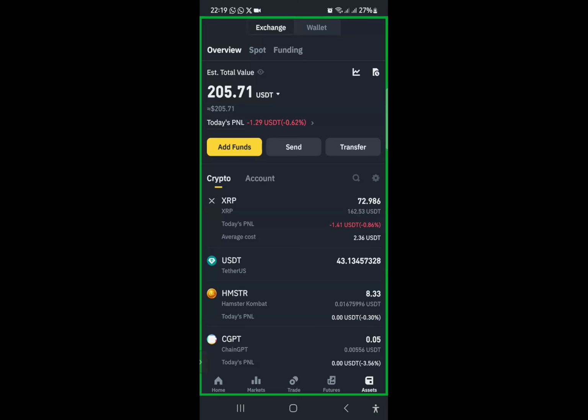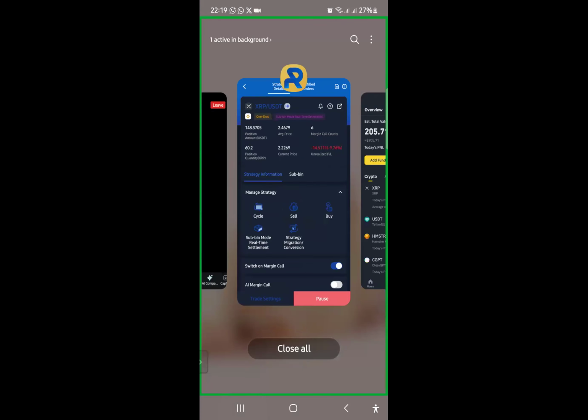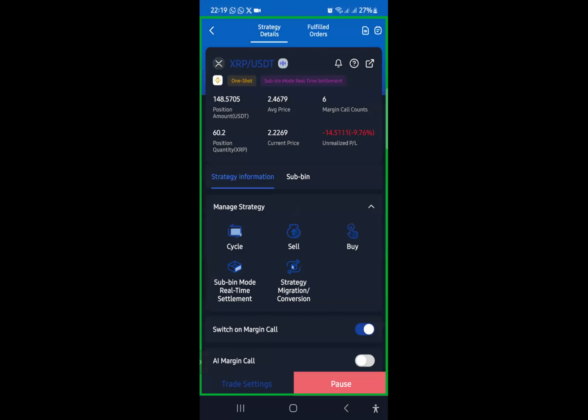Let's go to RoyalQ and let me see something. This is 72,900. So some quantity sold, but it didn't return the money back into USDT. Because the quantity you have here is 60.2. So what you have on your Binance must also be 60.2.